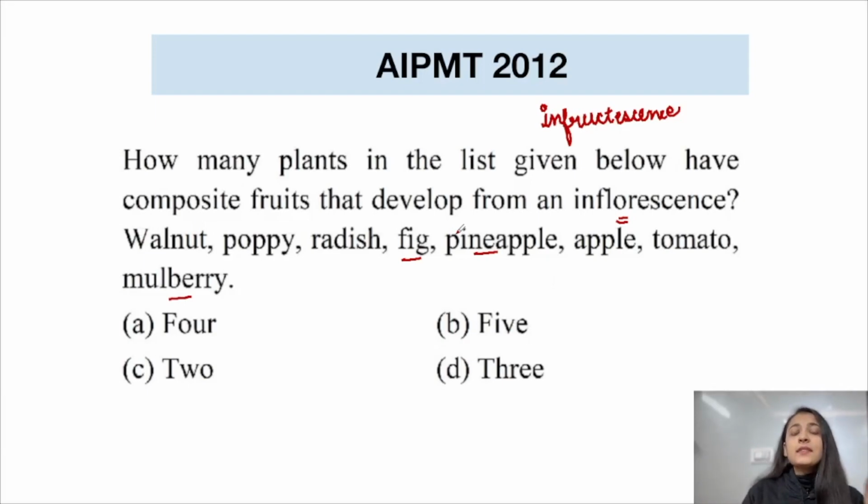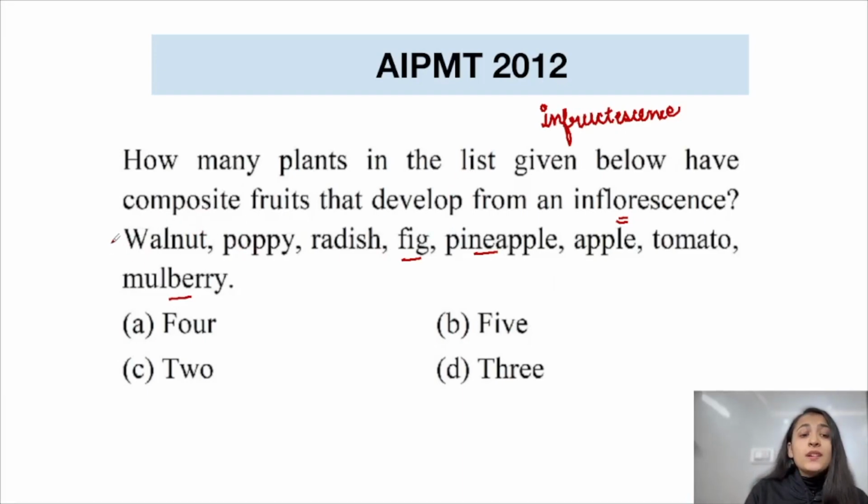Each flower in that inflorescence was involved in giving rise to a segment in the pineapple fruit. In a similar way, in all of the composite fruits, be it fig or mulberry, each flower of the inflorescence contributes to the formation of the composite fruit in the mature fruit. Okay, so let us look at the other cases.